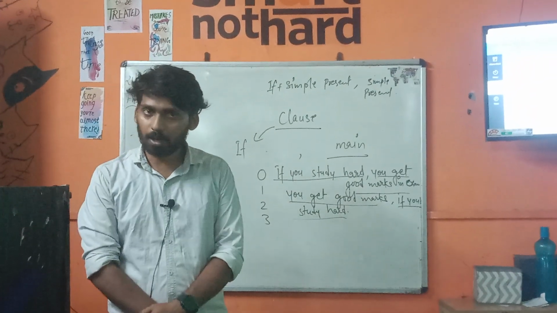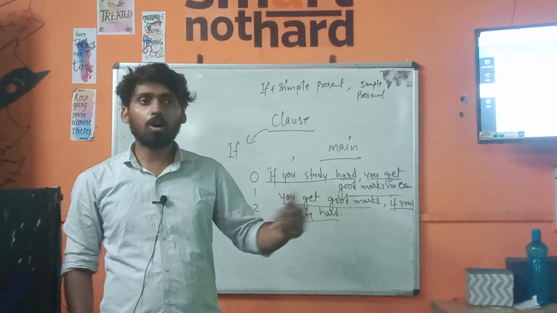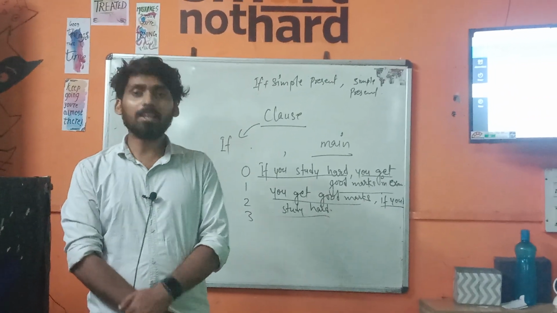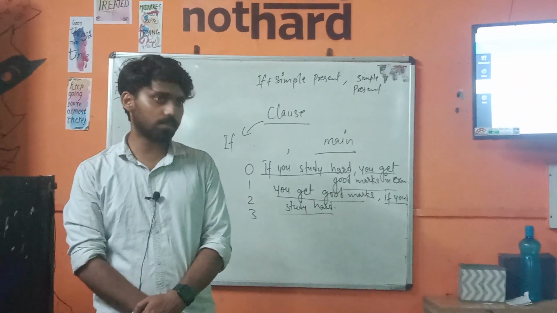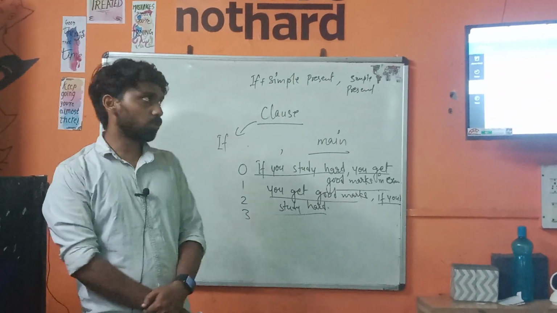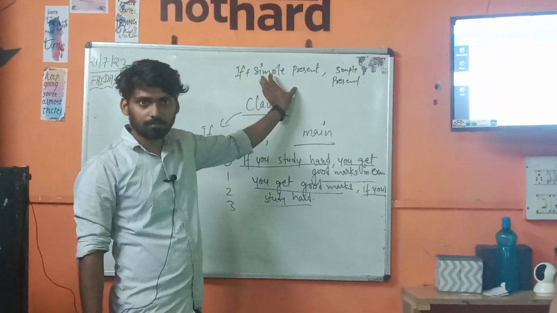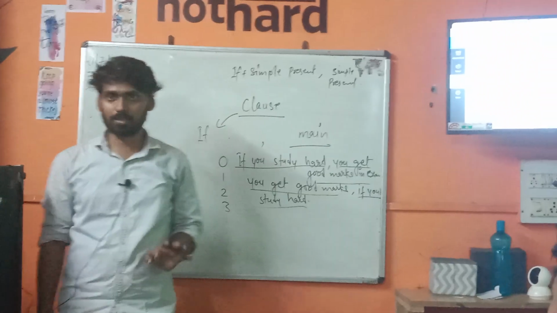Yes, I go to market. My father goes to market. Okay, we all study. This is called simple present. But in negative, we use don't, do, or does. Okay, so we have to put here simple present, in if clause and main clause also simple present.